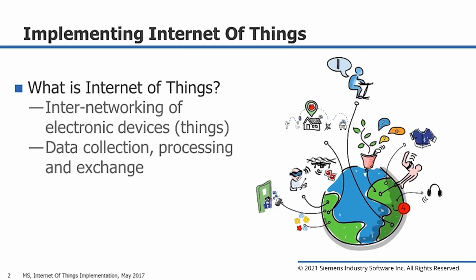Data from these devices is collected, processed or analyzed and exchanged between different entities in this network. This internetworking and connectivity of devices allows us to derive useful results that are otherwise not possible if working with individual devices. This is a simple but a very broad definition of IoT with almost unlimited scope, as there is a wide spectrum of devices that can be interconnected.